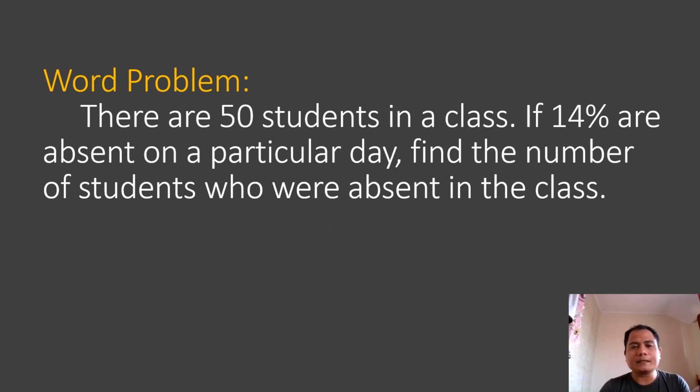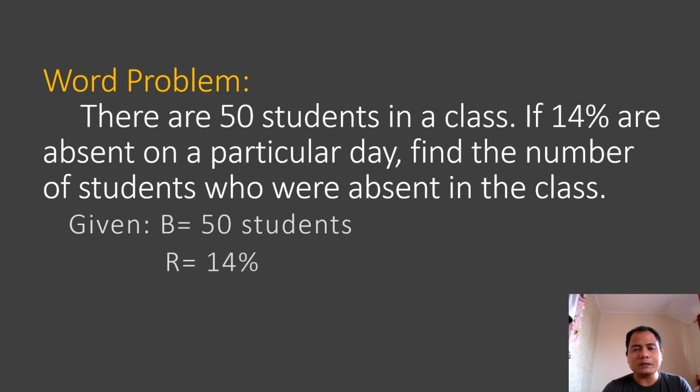If 14% are absent on a particular day, find the number of students who were absent in the class. First, let's identify the given numbers. 50 students is the base because that's the total number of students, and 14% is the rate because of the percent sign. So we're looking for the percentage.